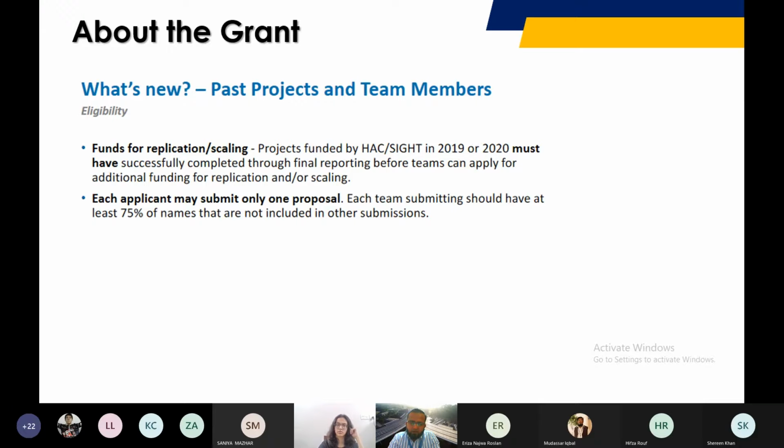If you are submitting two grants, there should be a 75% margin of difference in team members. These are the two rules, and I hope that now you are aware, you can definitely go with that.